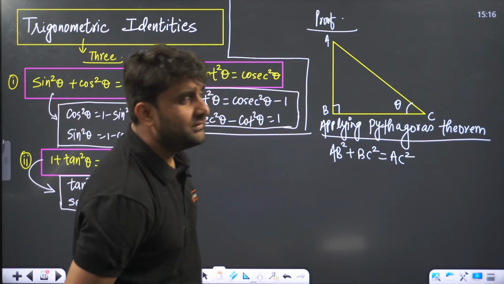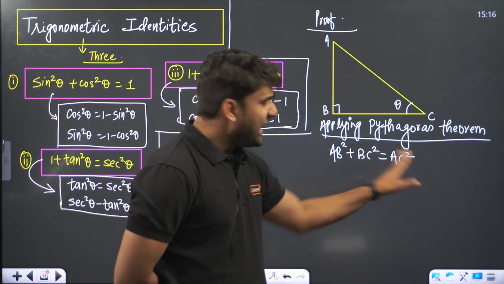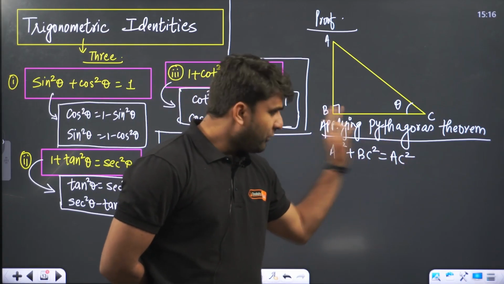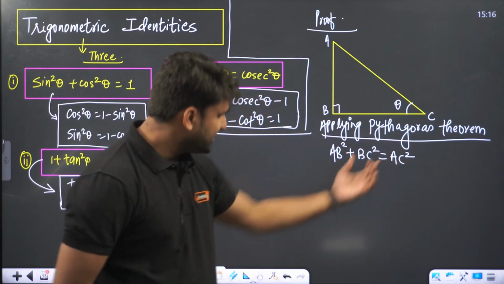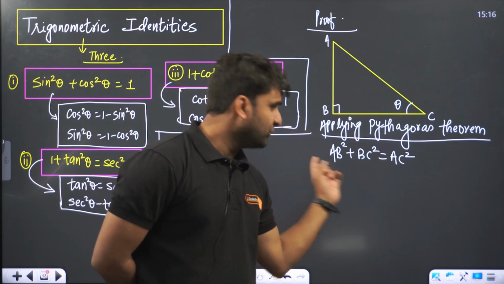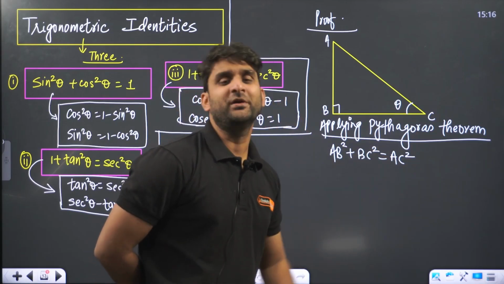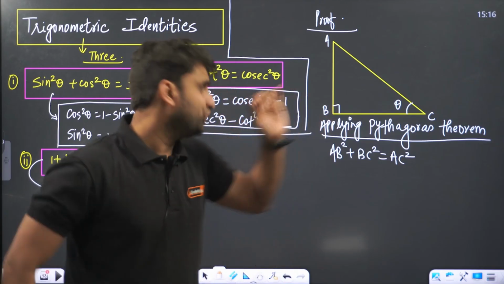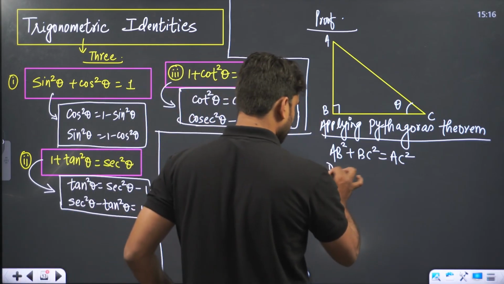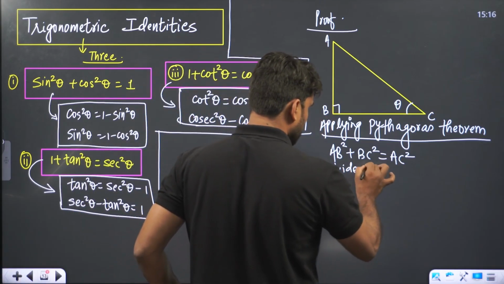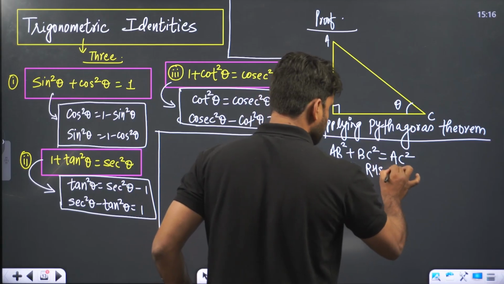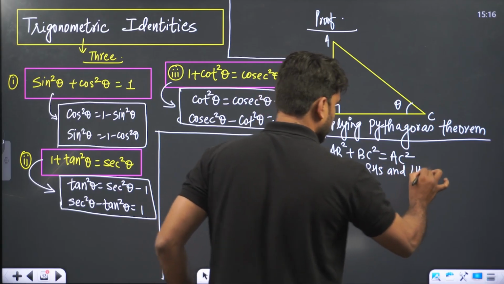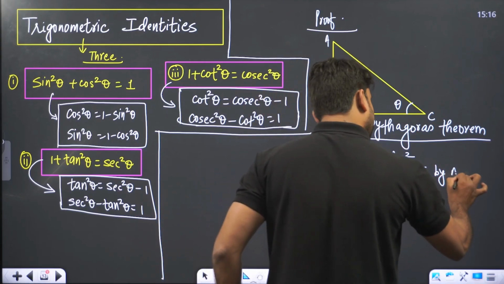Now do one thing. Let's divide this entire equation by hypotenuse square, which is AC square, on both sides.